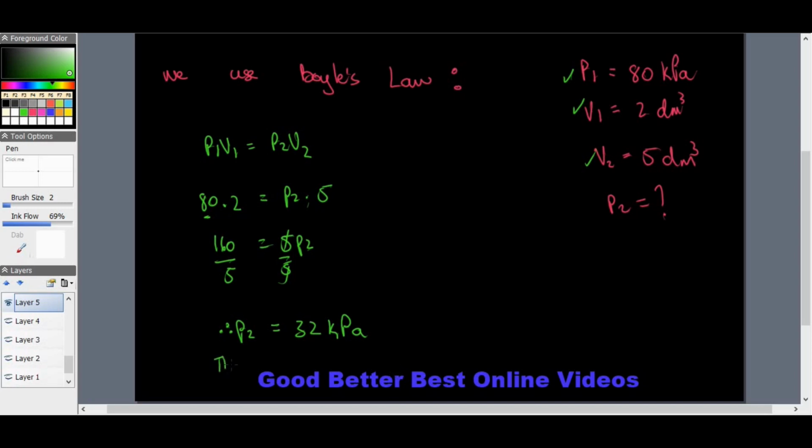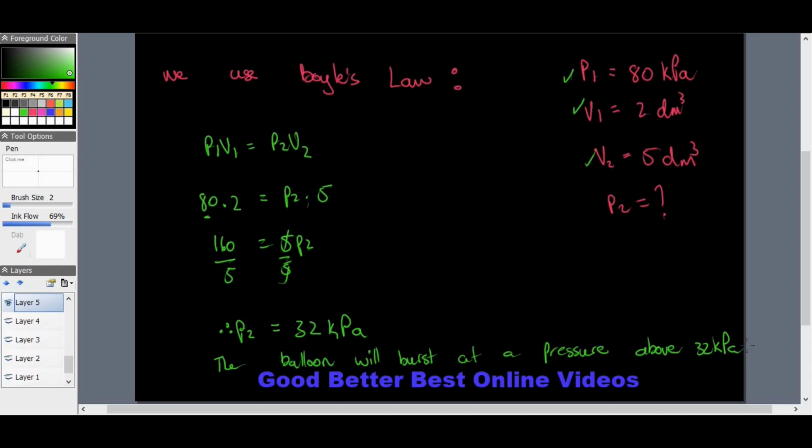So we can write as a conclusion: the balloon will burst at a pressure above or more than 32 kilopascals. So anything more than 32 kilopascals, it'll burst.